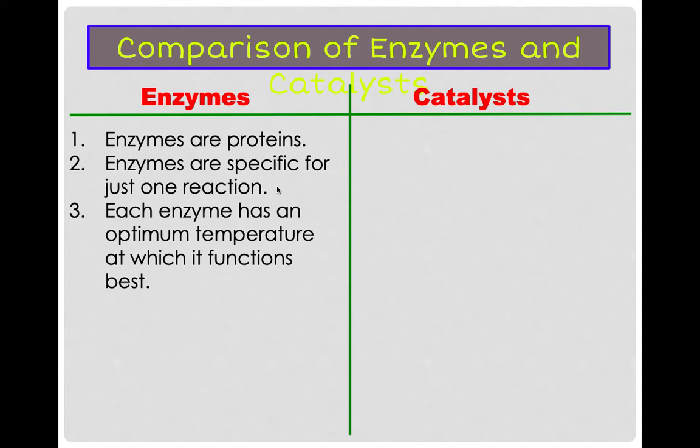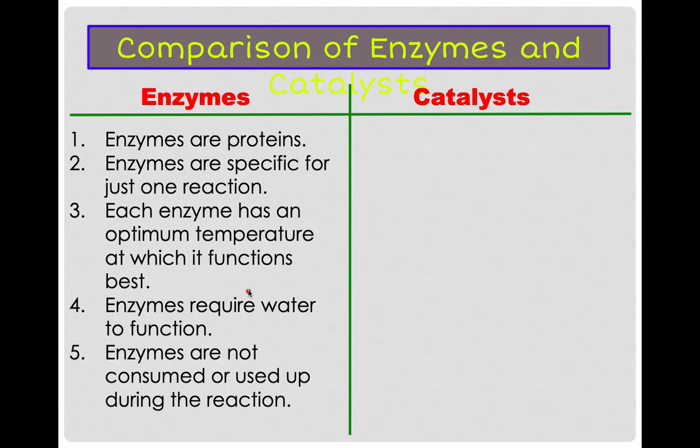Okay. Enzymes require water to function. Enzymes need water. And enzymes are not consumed or used up during a reaction. What that means is they're not destroyed after the chemical reaction. They can be used many, many times after the reaction's over.